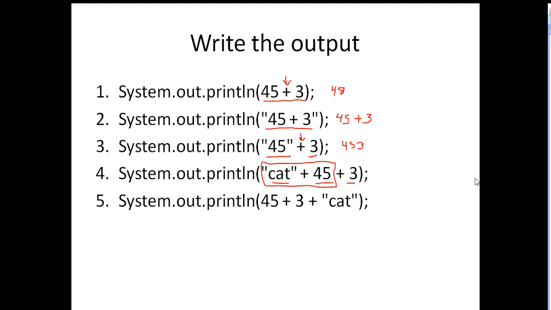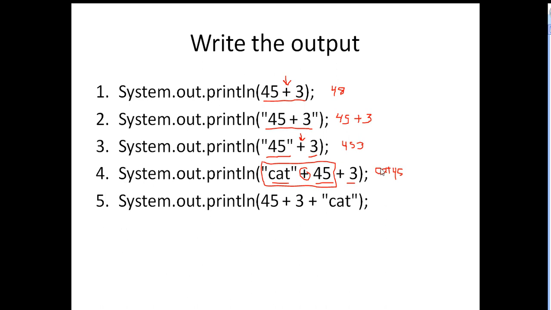So it's taking a string and then a number which can't be added together, so this becomes a concatenation operator. So therefore that's why it's going to print the word cat, and then it's going to join the 45 to it because it can't add those together.